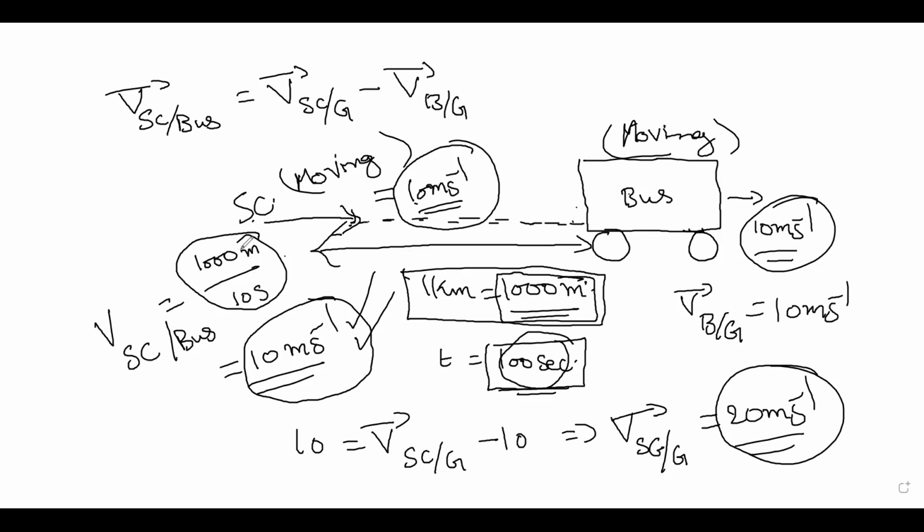That is VAB is VA minus VB, right? So that formula we have used here. The velocity of the bus with respect to ground is given, 10 meter second inverse, and velocity of scooter with respect to bus we have calculated, that is 10. Velocity of scooter with respect to ground is what we have to calculate. That turns out to be 20. Clear? Yes, sir. Okay, right.